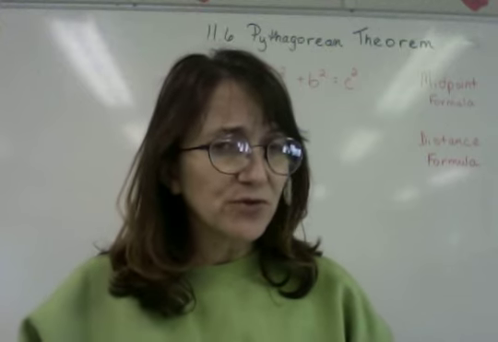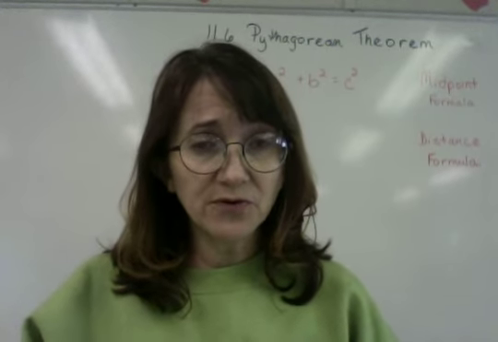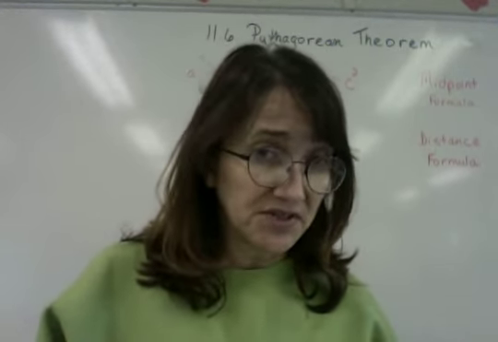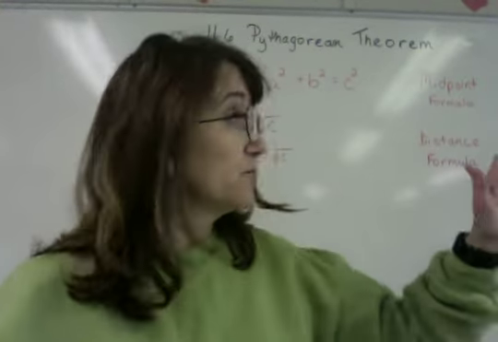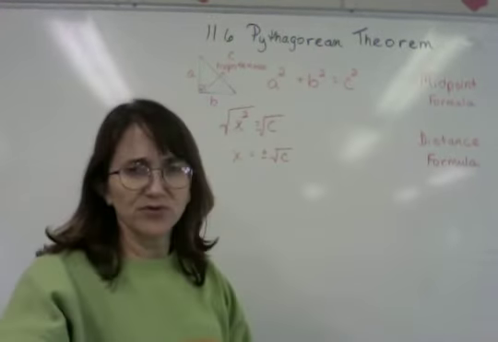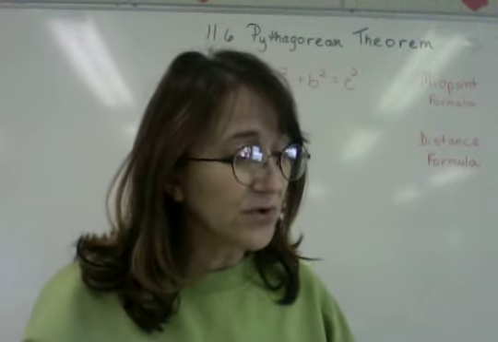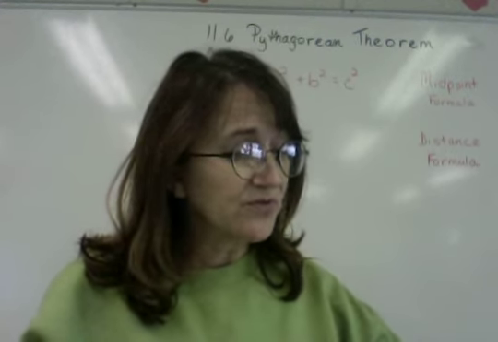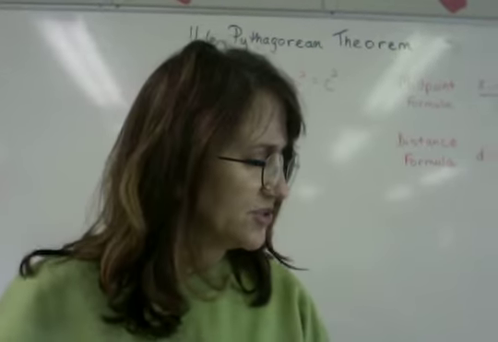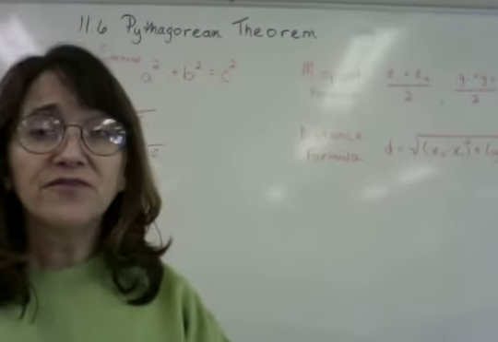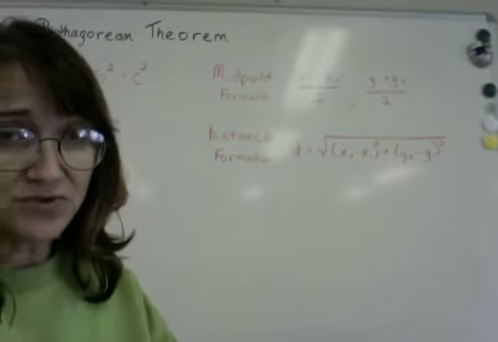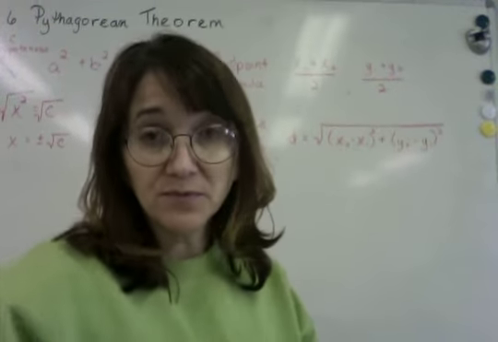But the way your quiz is set up is we use a couple of different formulas prior to getting to that, and then we'll use this in order to figure out, is this a right triangle or not? So, moving over, first of all, I'm going to skip around on your page, is a formula that you're familiar with. You've actually used this before. And this is the midpoint formula.